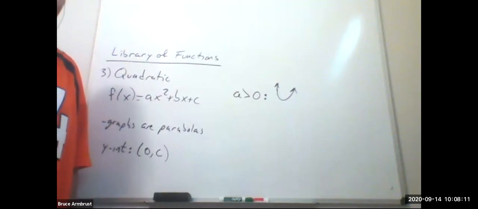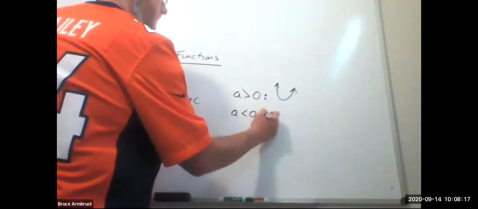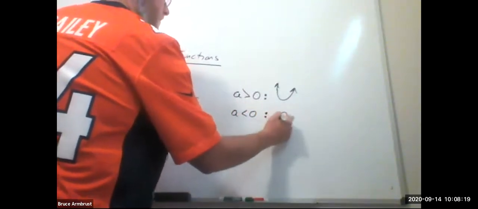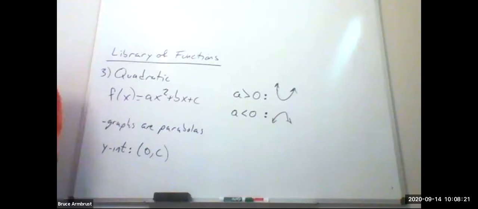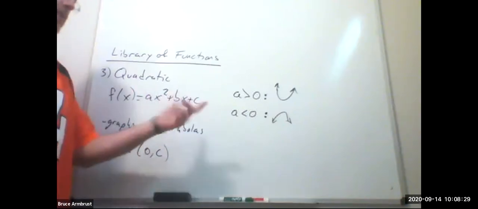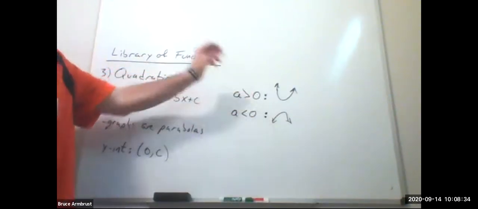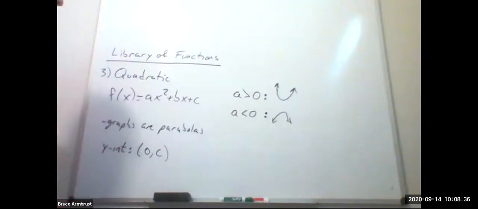It's a smile, because positive people smile, right? And if a is less than 0, if it's negative, it's going to be oriented downward, so it's going to be a frown, because negative people frown. Okay, so get used to that too. If I say happy and sad, it's just my way of opening up or down. So you get the orientation, super easy.